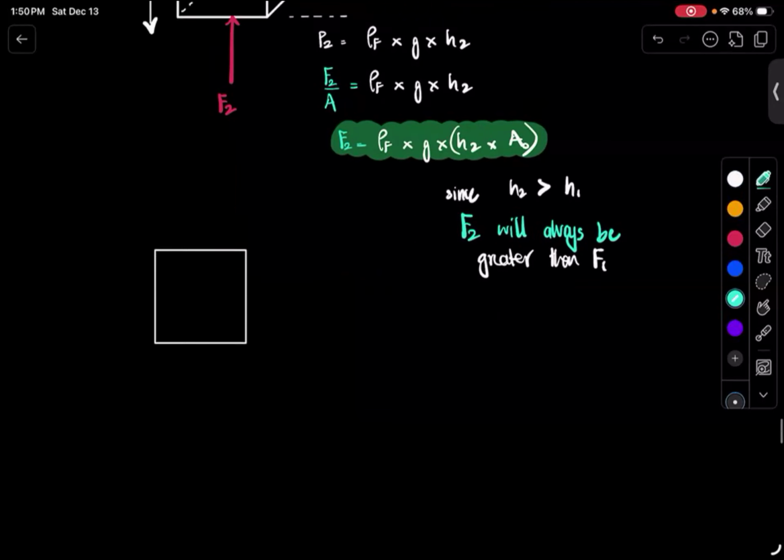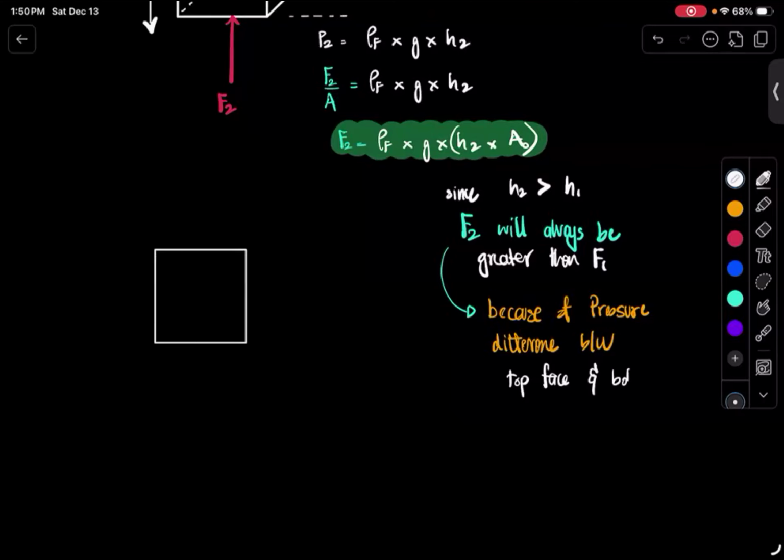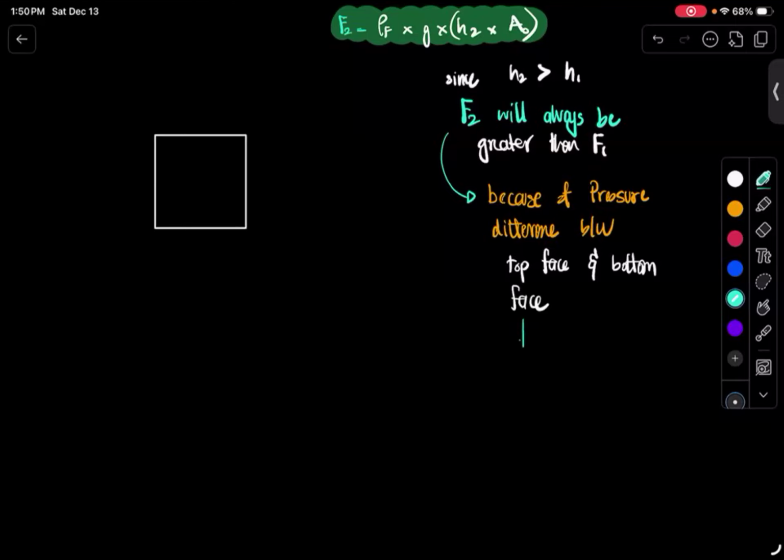That means because of the pressure difference between top face and bottom face, there is always a net force upwards. And that net force is what we call upthrust.